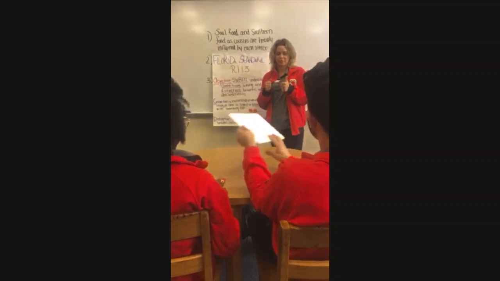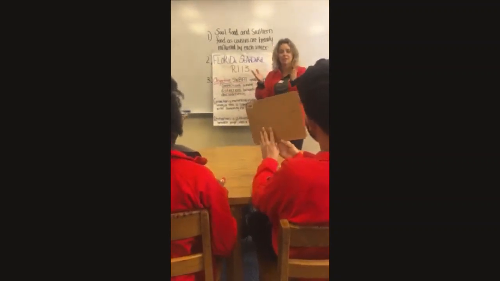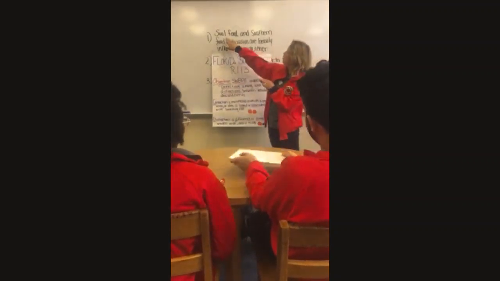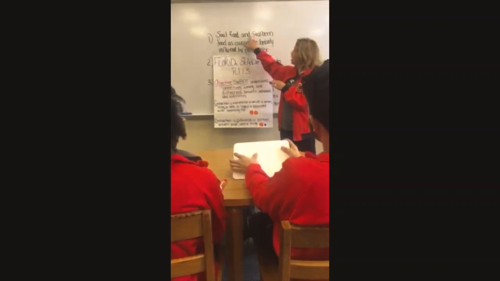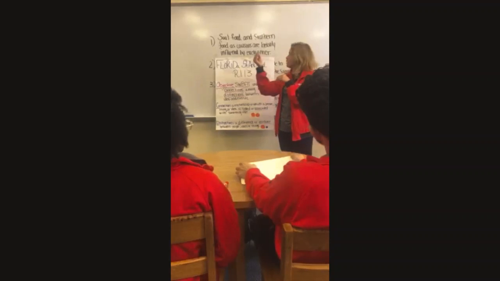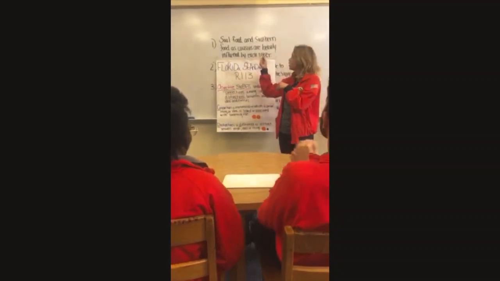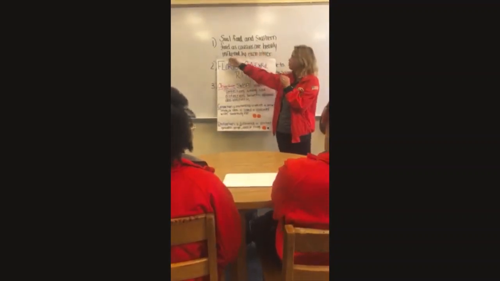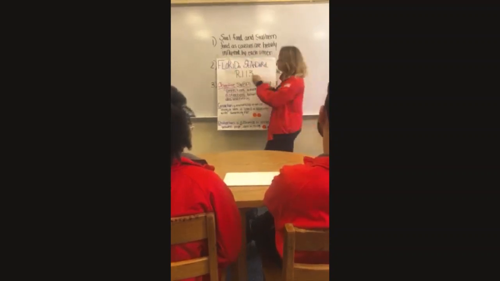Let's see them. C, connection, exactly. So as you can see, we're comparing soul food and southern food as cousins. Cousins are one of the same, they're from the same family, right? They are heavily influenced by each other. Good. Next one.